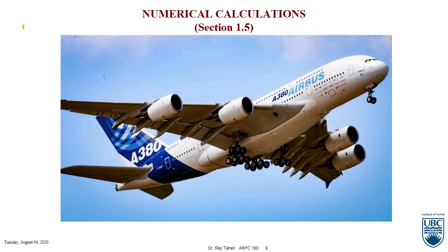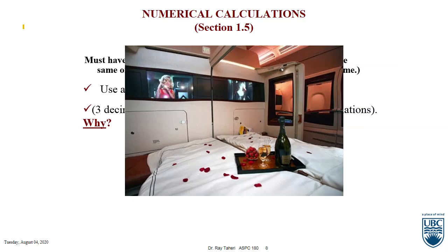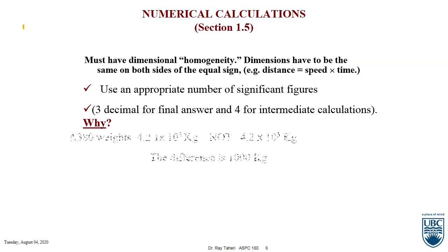The biggest passenger airplane made is the Airbus A380, and it's luxurious. It's so huge that they even have a presidential suite inside. You can just sleep in the airplane. It costs about $30,000, $40,000 to go overseas.